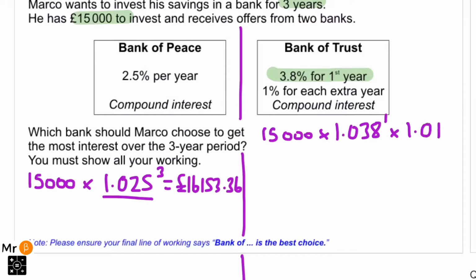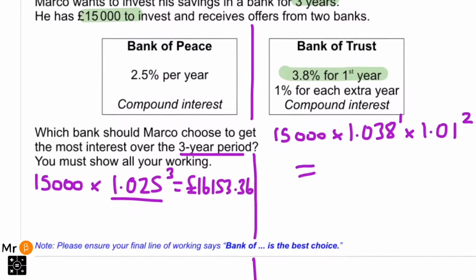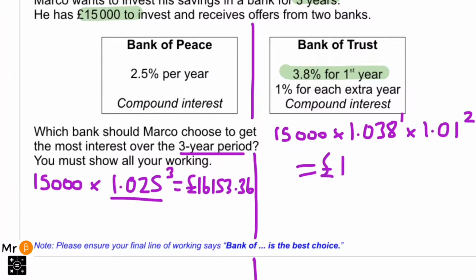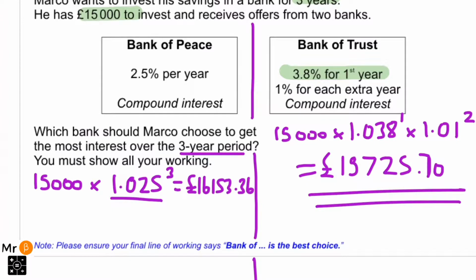So if we drew out that bar again, 100% plus 1% is 101, divide by 100 is 1.01, and then because it's in for a total of 3 years, we know that there's another 2 years left, and that would be his increase multiplier for those 2 years. We now type that in our calculator, and we get our answer, £15,725.70. You then, for your last mark, make sure you write down your best choice. So here, it would be Bank of Peace.